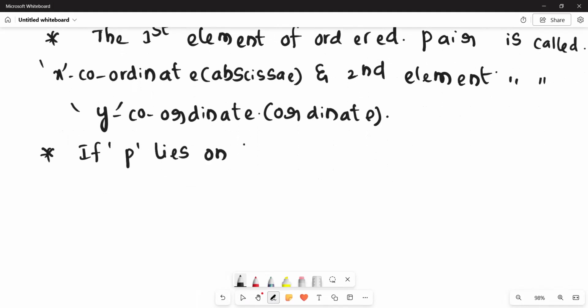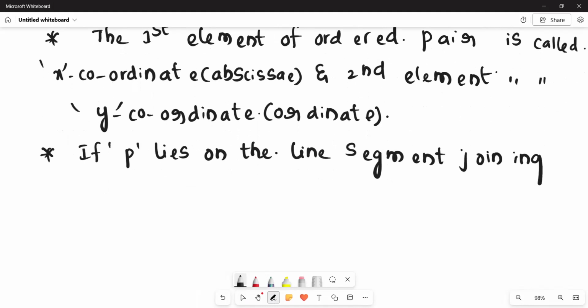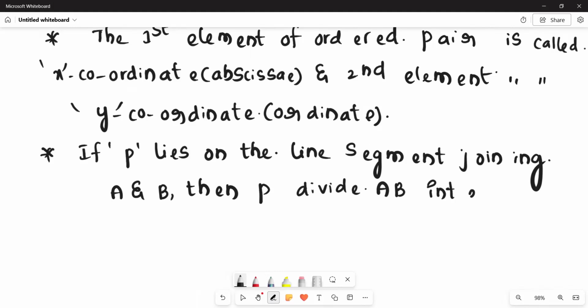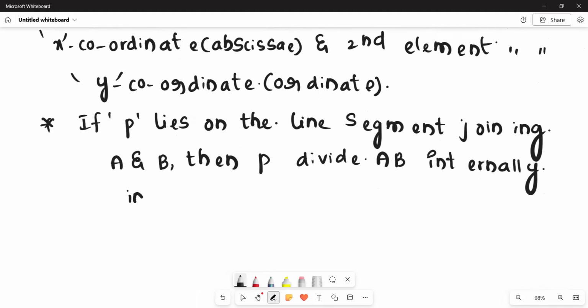So if P lies on the line segment joining A and B, then P divides AB internally in the ratio AP is to PB.